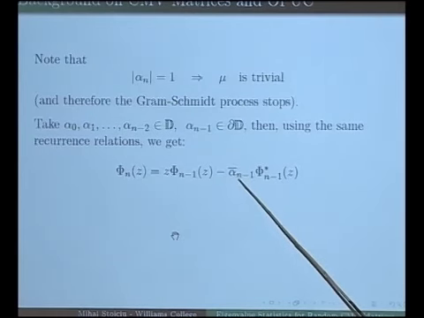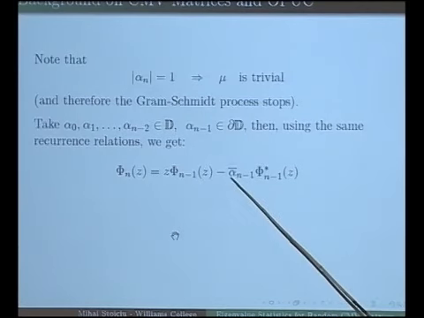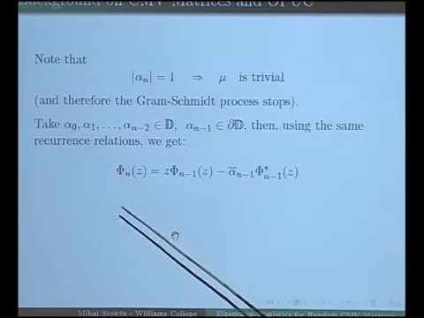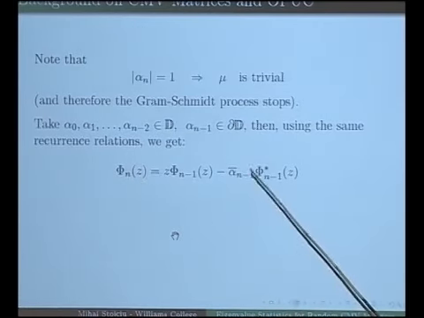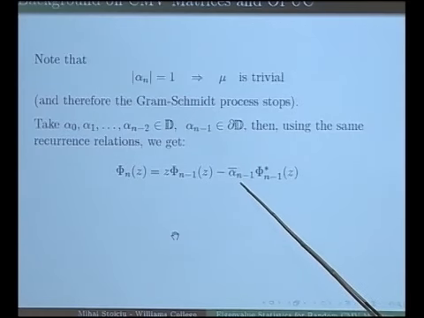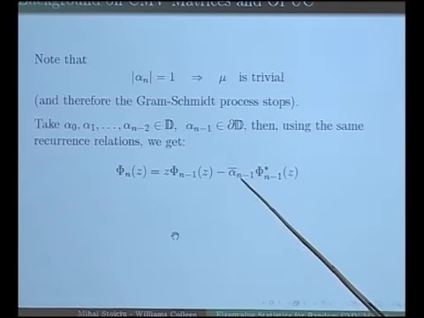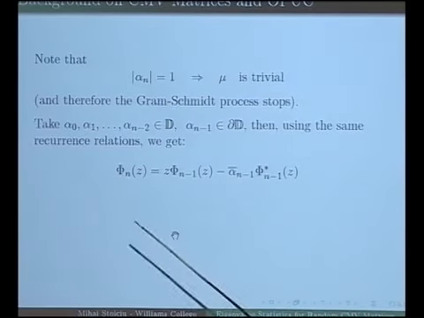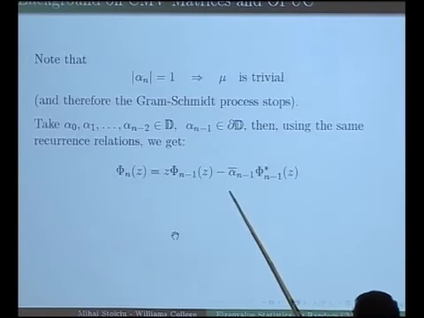But now, going back to an earlier comment, this recurrence relation can be used. We don't need all these alphas to be restricted. We can write polynomials, right? Put any coefficients here, and we can construct the next polynomial. Of course, they are orthogonal polynomials only when these complex numbers alpha n are of absolute value less than 1.